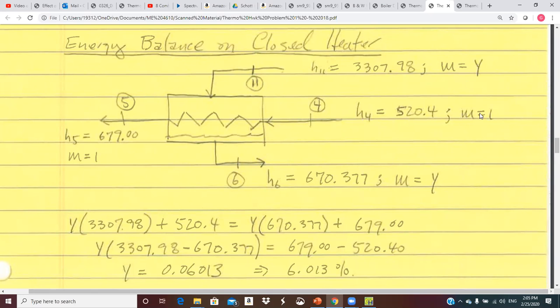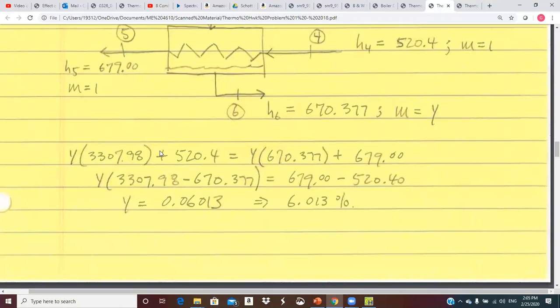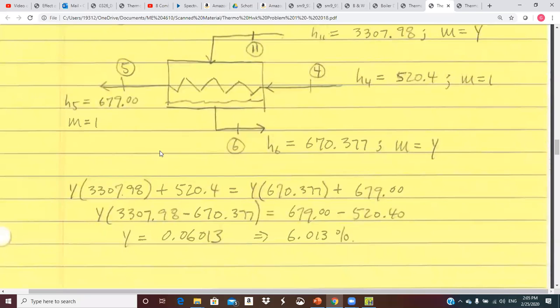All of the mass is put back together here, so that coefficient is 1 times 520.4. That enthalpy is equal to Y times 670 plus 679. Any questions on doing that energy balance?